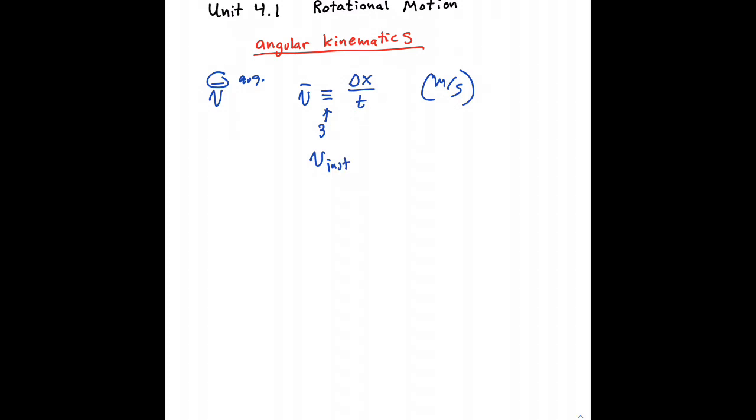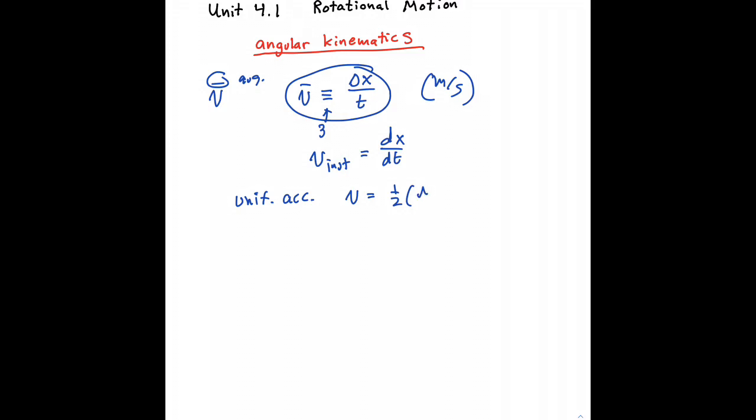Instantaneous velocity is defined as the limit as time approaches 0 of dx dt. Let's come back to this expression. In the case of uniform acceleration, average velocity is also nothing more than the average of your starting velocity and your final velocity. In other words, add your starting velocity and your final velocity together and divide by 2 to get the average velocity.